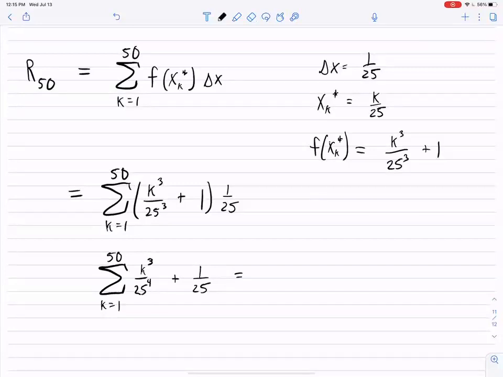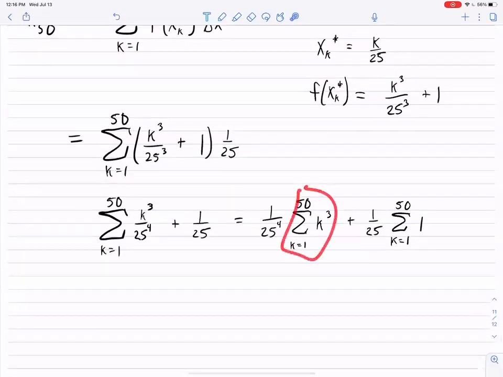And then breaking this up into two sums and using our sum rules, this is 1 over 25 to the 4th times the sum from k equals 1 to 50 of k cubed, and then plus 1 over 25 times the sum from k equals 1 to 50 of 1.